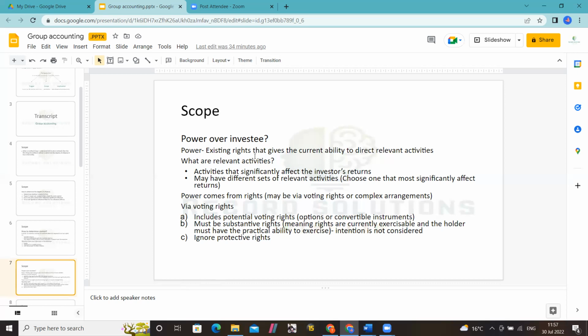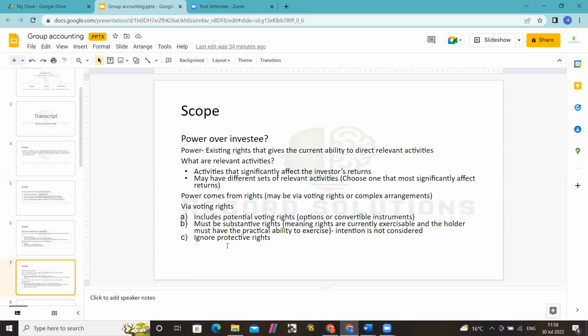Even the entity who's buying, you also investigate the investee. Like I said, intention is not considered. You just check if they have enough resources to actually convert or purchase, right? And if it's yes, then you can include them in the calculation of voting rights.